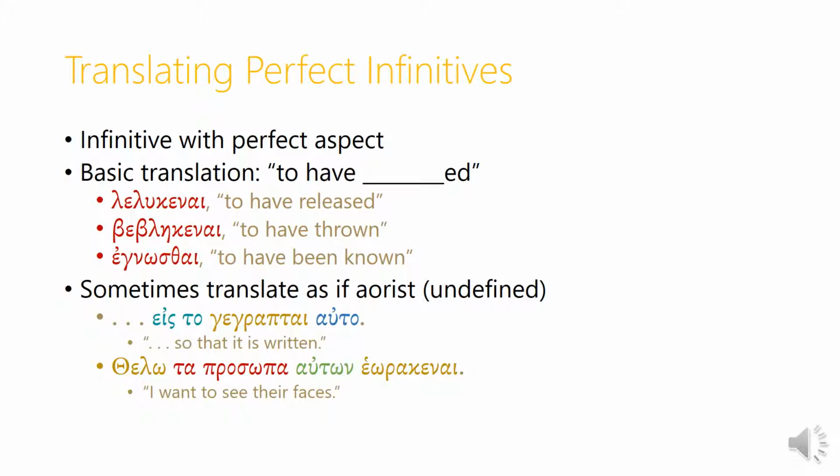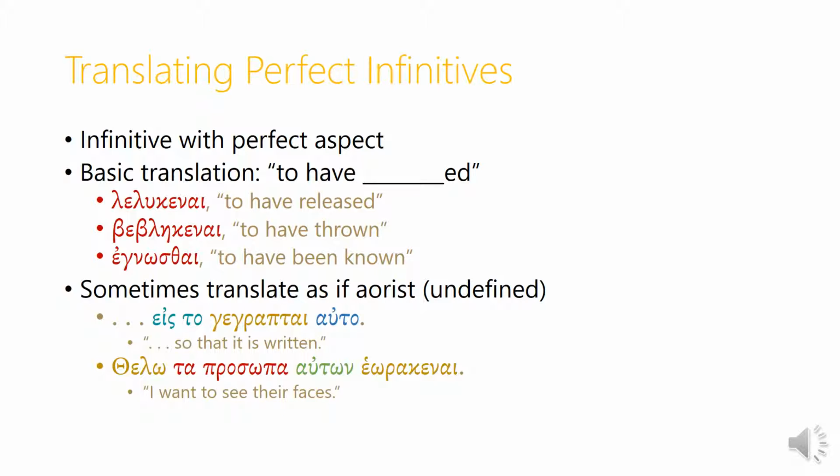So eis to, and now auta, it, is the subject of the infinitive, even though it's in the accusative case. And gegraphthai is the perfect passive infinitive, is written. Notice there's no have in there anywhere. And that's because it would just be too awkward.